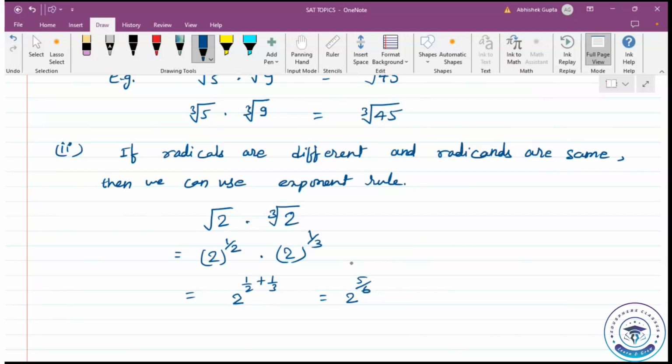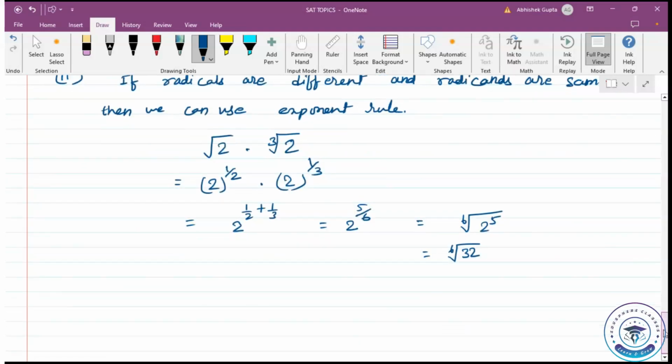In simplified radical form, that is the sixth root of 2 to the exponent 5, which simplifies to the sixth root of 32. This is how we simplify in the case of different radicals but the same radicands. Radicands can also be different, like here it could have been 4, but that can be converted into the same radicand. So those are the cases.